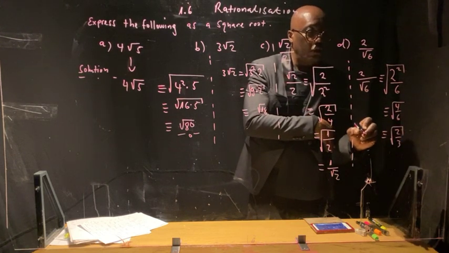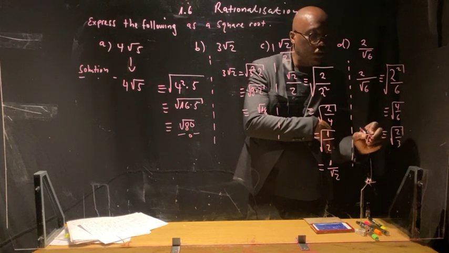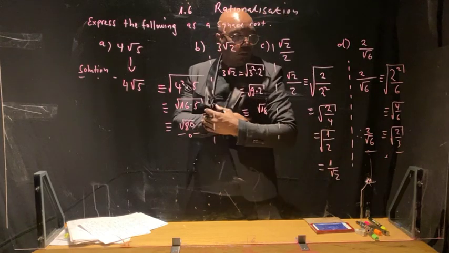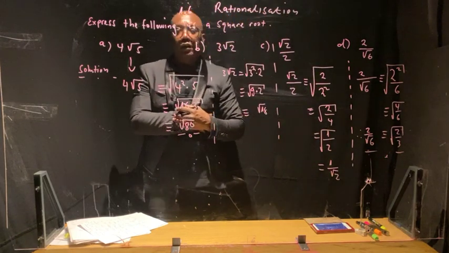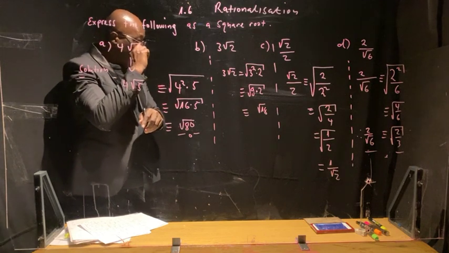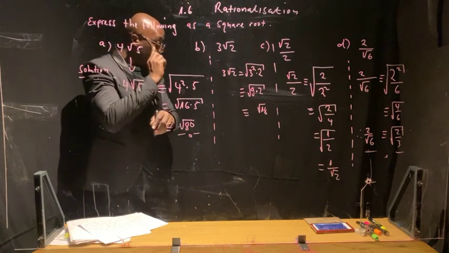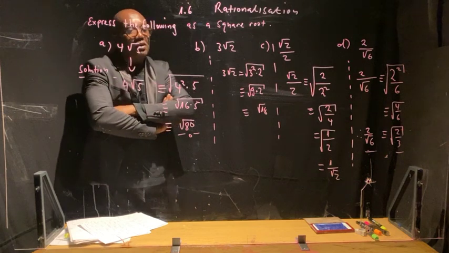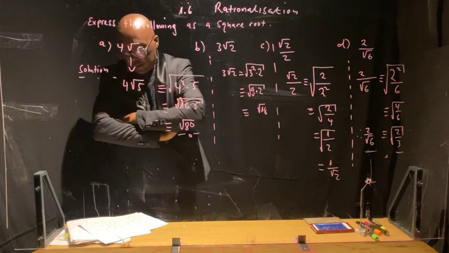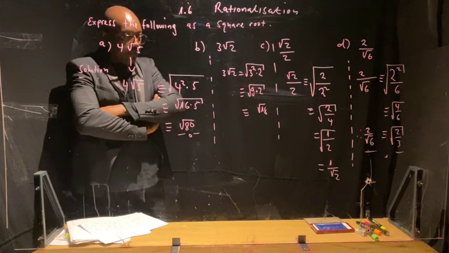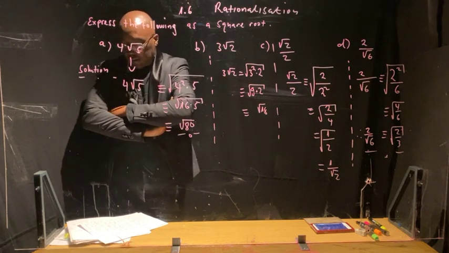Therefore, 2 over root 6 is no different from that. Take your time to copy it. So this one was also one of the things that you are expected to know in basic algebra. Okay, take your time, copy it as we take the next question.